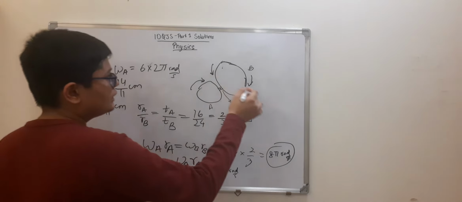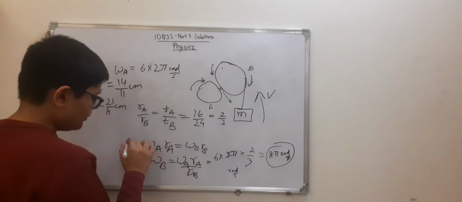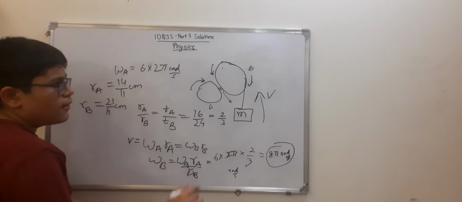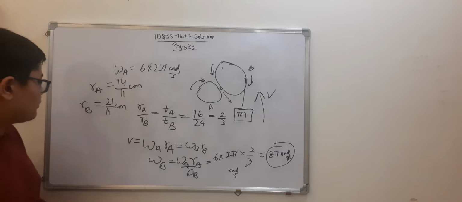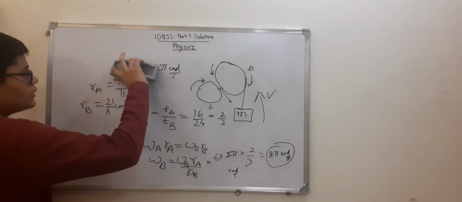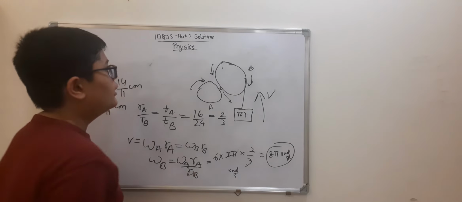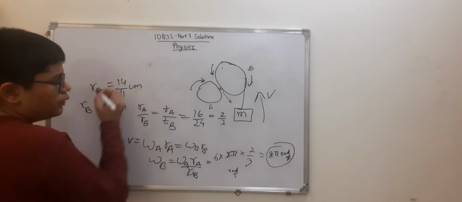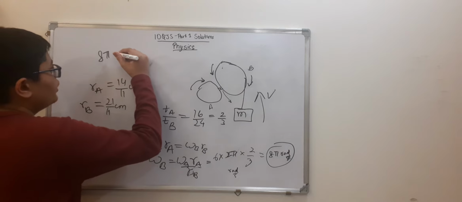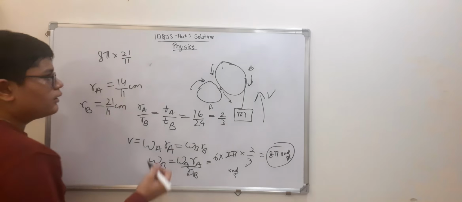Since this is moving like this, it will move up with a speed v, which is the same as this. I'll erase this for the time being. So the speed will be omega B into RB, which is 8 pi into 21 by 11. That will be the speed.